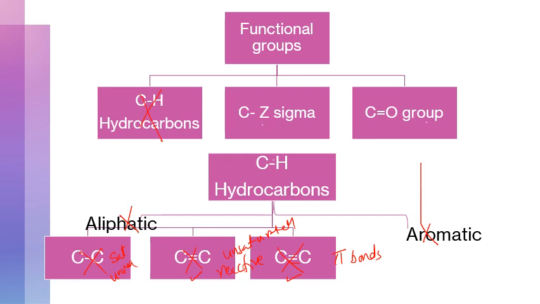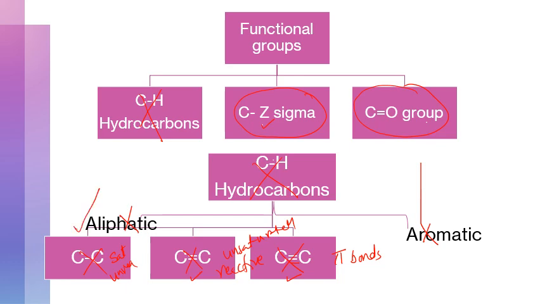And now we are going to discuss the ones with a heteroatom, that is Z, other than hydrogen or carbon, bonded to another element other than hydrogen. So we are done with this one, and we are going to discuss this one now. All these are functional groups except for the saturated one.